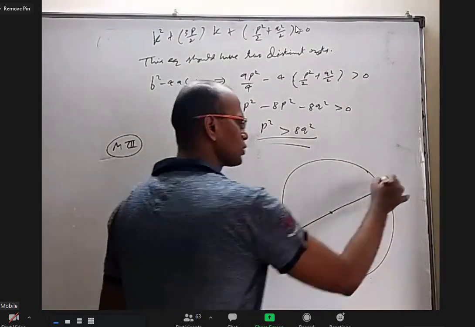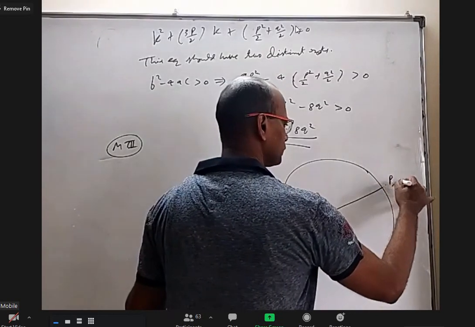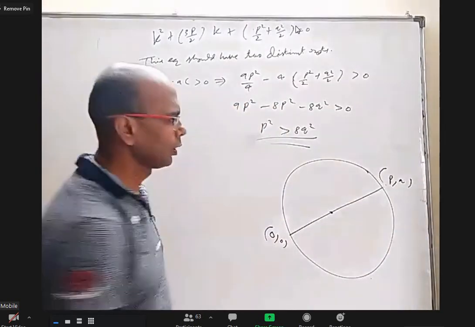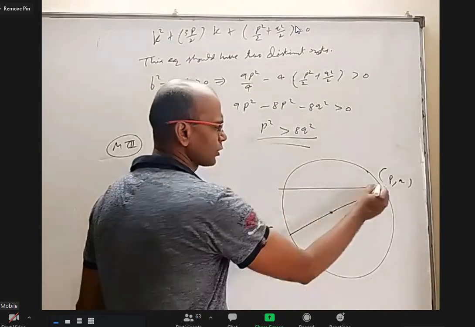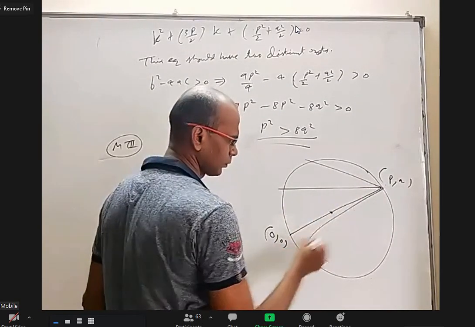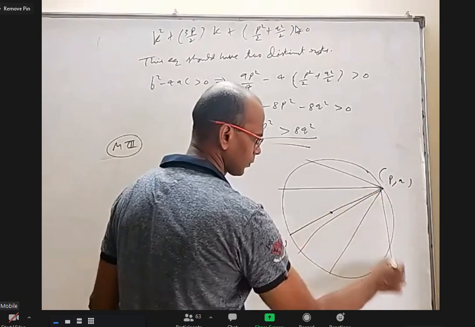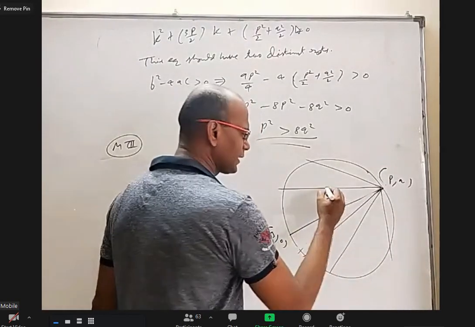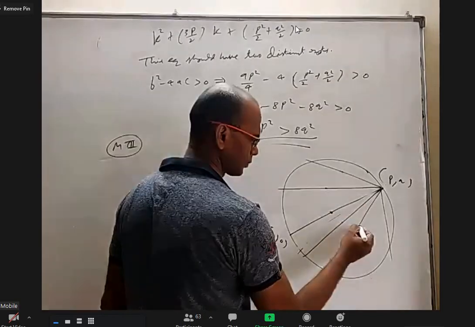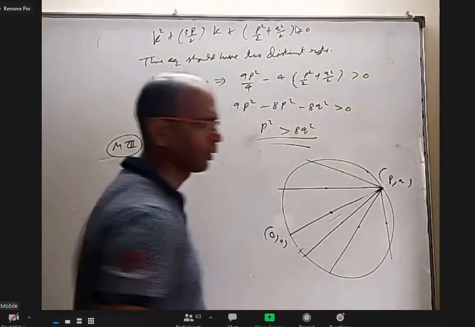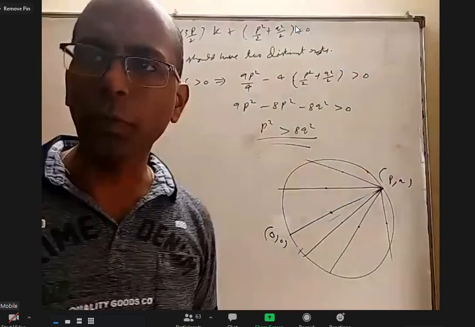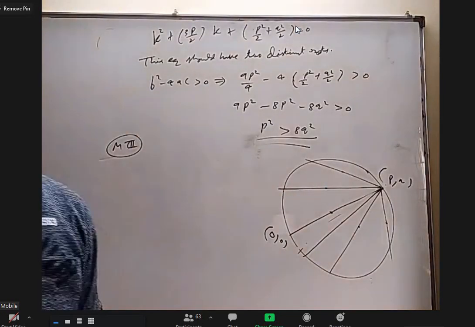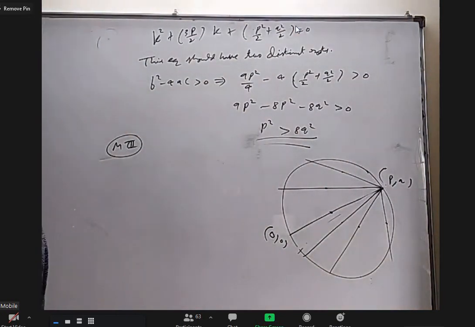This is 0, 0. This is p, q. When I draw a lot of chords through this, when I take their midpoints, what is the locus of all the midpoints through p, q? Anybody? A circle with diameter as the center and that point.